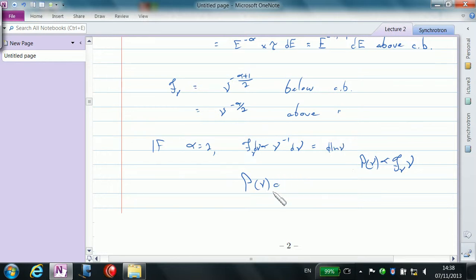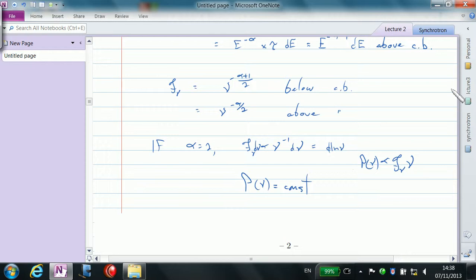So never mind the log. P of nu is just equal to a constant, which means that the same amount of light above the cooling break is emitted for each logarithmic interval in nu.